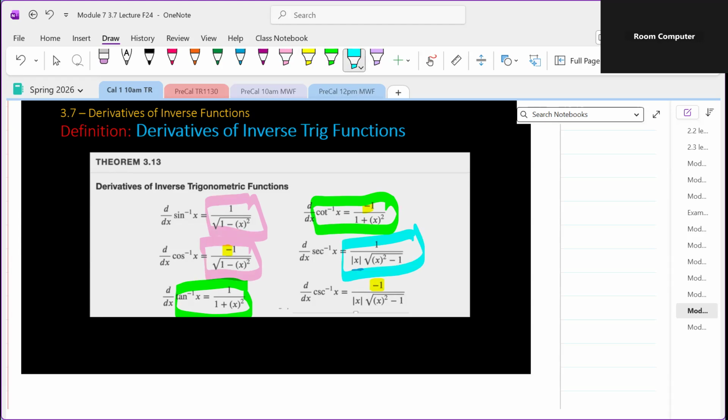And then the same for the secant and cosecant, identical except for that negative sign. So when we actually focus on these later on, we're really only going to focus on inverse sine, inverse tangent, and inverse secant, because the other ones are the same thing just with a negative. There's no reason to use the negatives when we could just factor the negative out and use the positives.